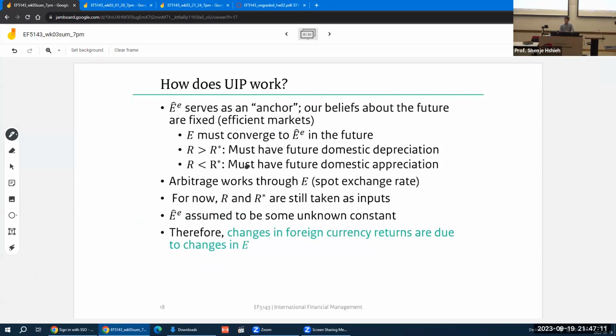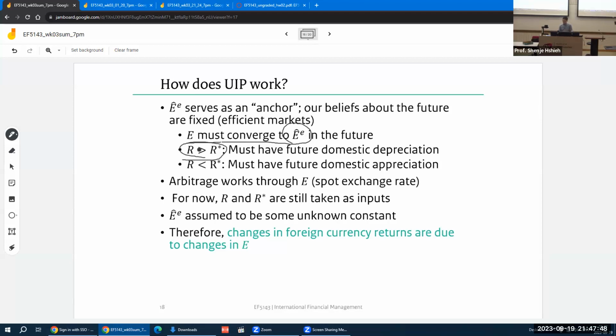So I already said this. E hat E is our anchor of our beliefs about the future, and our beliefs for now assume it's fixed. We learned that based on the equation, E must converge to E hat E in the future, and whenever there is a difference between R and R star, you must have a future offsetting change in the value of the foreign currency or domestic currency that eliminates any interest rate differential benefits.